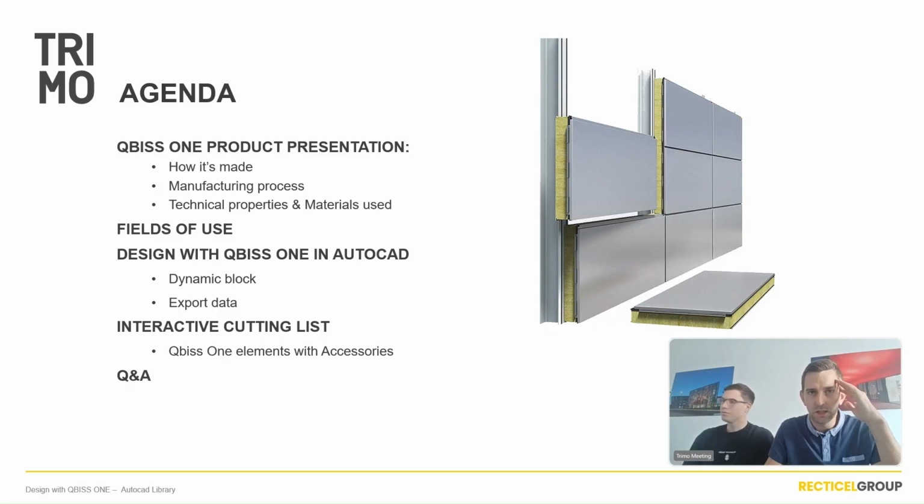Now let me quickly walk you through today's agenda. Since this is our first webinar about designing with qbiss One, we'll start with the basics, so everyone understands the product itself and how it's made. We'll begin with a short qbiss One presentation, how it's produced, what materials are used, and some key technical properties.